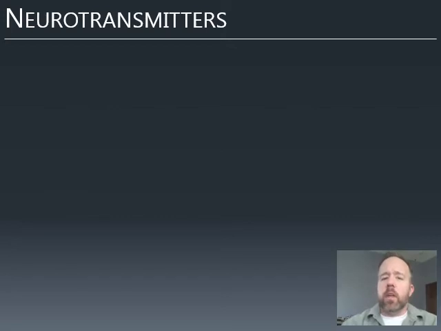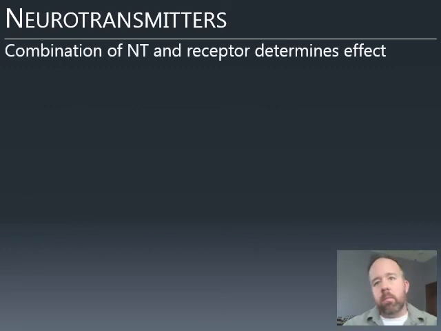Okay, so what are these neurotransmitters? We know that they're chemicals that the presynaptic neuron releases and that the postsynaptic neuron receives. Chemically, we're not going to get into it too much. That's not important. The important thing is that the combination of the neurotransmitter and the receptor determines its effect.